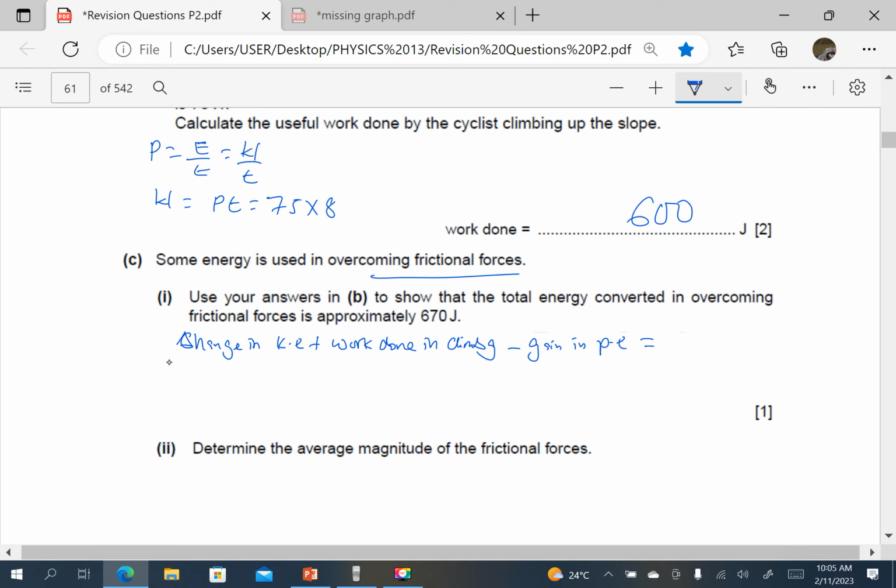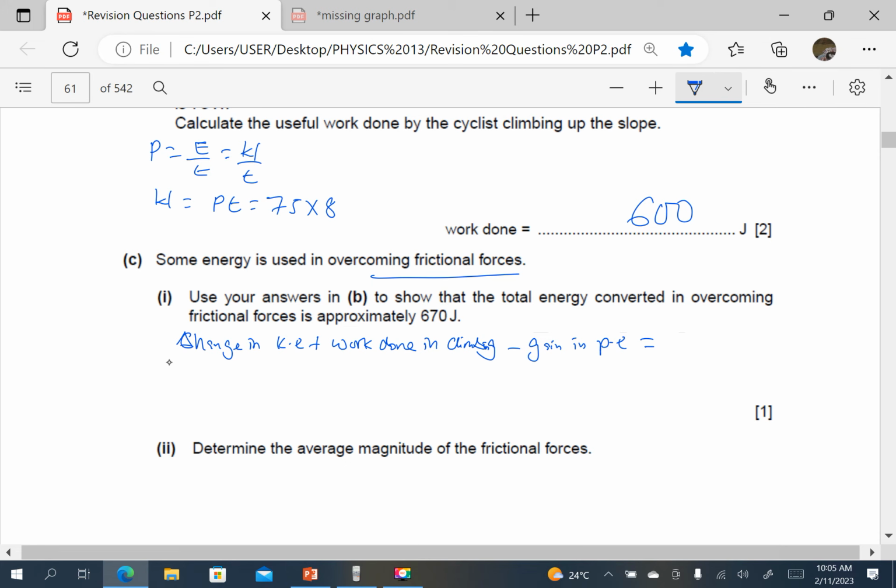Because if the change in kinetic energy plus the work done in climbing is not equal to the gain in potential energy, then it means part of it must have been used in overcoming friction.